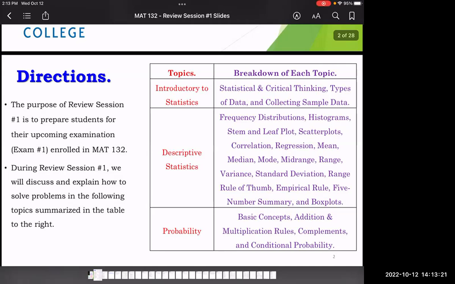Okay. So during review session number 1, we'll discuss and explain how to solve problems in the following table summarized to the right. Again, these topics that I have shown in red, introductory statistics, descriptive statistics, and probability, are from our textbook, the Pearson's version Triola, chapters 1 through 4. And the breakdown of each topic is there. We're going to look at statistical and critical thinking, types of data, and collecting sample data.